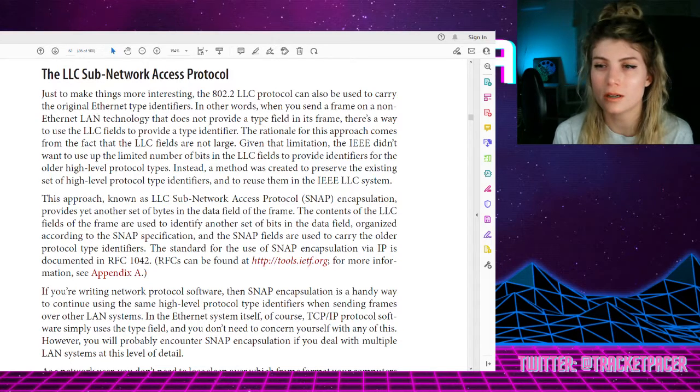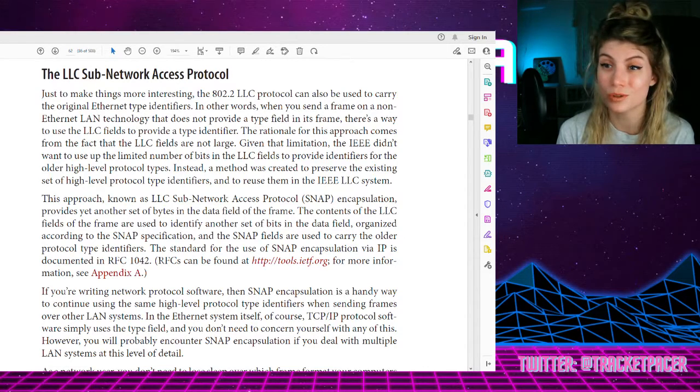Which is interesting. I don't know right off why you would ever do that, but cool. Because yeah, it can also be used to carry the original Ethernet type identifiers. So LLC can be an alternative to the Ethernet type identifiers. It can also carry them, though. So it's kind of neat.